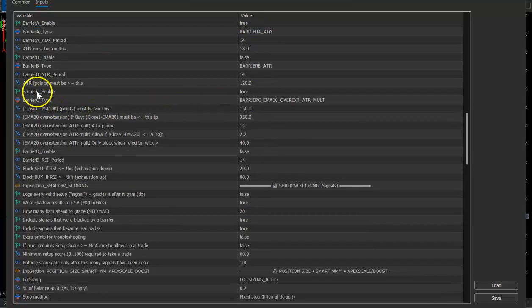Next is barrier C, which is mean reversion snapbacks. A lot of times when you are trading fast moving markets like gold, they can fly away down in huge big candles, and then after a huge big candle it snaps back.